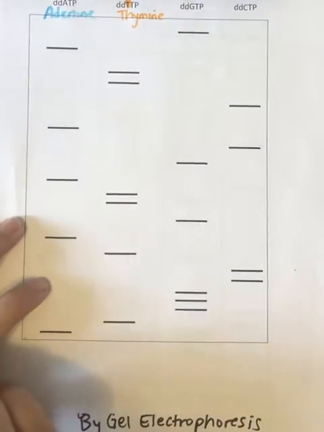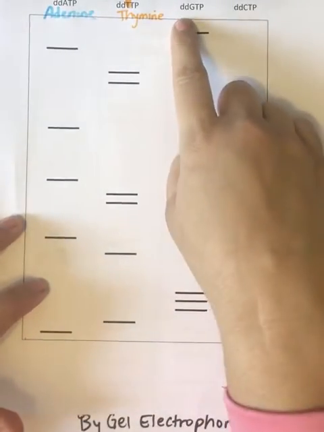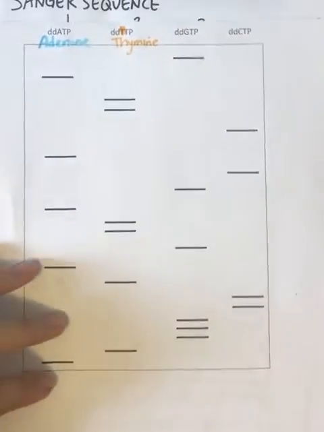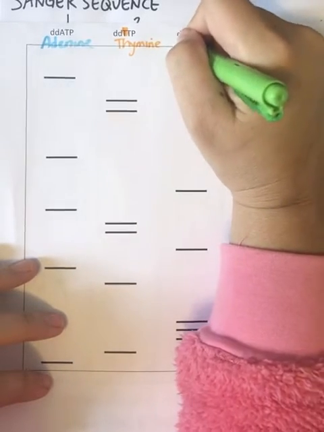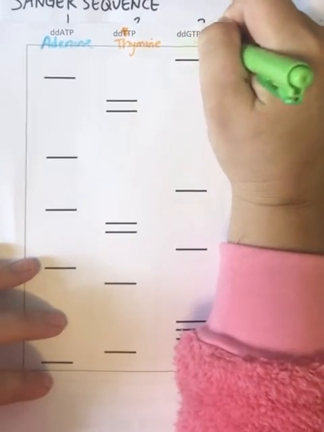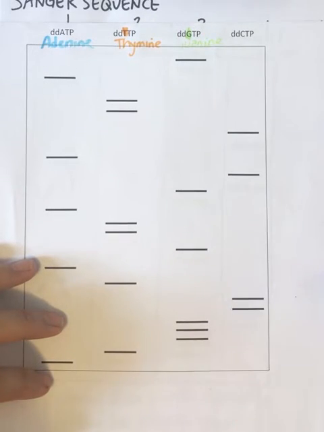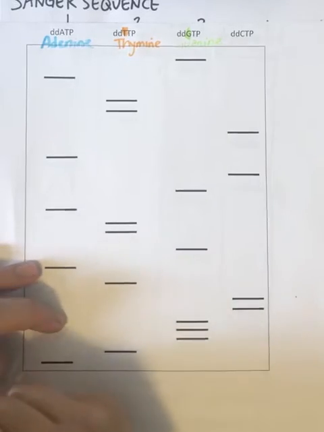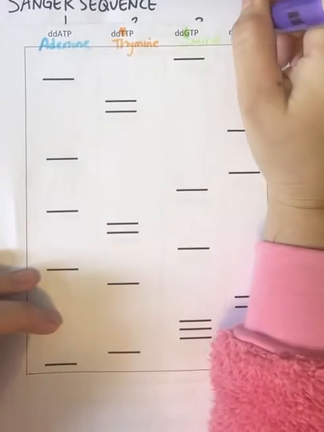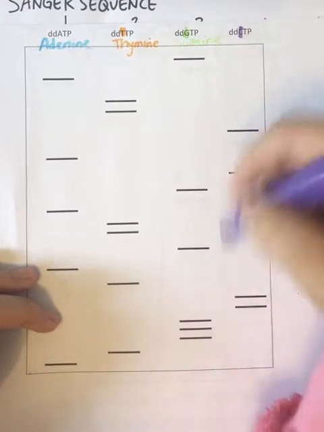The next one is guanine, ddGTP. Our guanine was green. And anything in this column is guanine. And then you have your cytosine. Your cytosine is in your last column, and it created this.